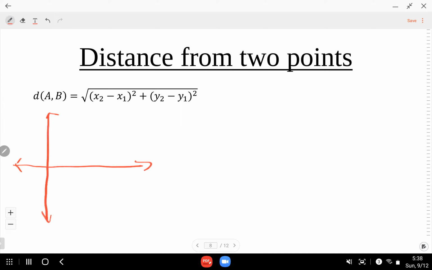All right. So let's draw our coordinate plane here. If you're taking notes, which you should be doing, please draw a coordinate plane with me. All right. So let's say we have two points here.